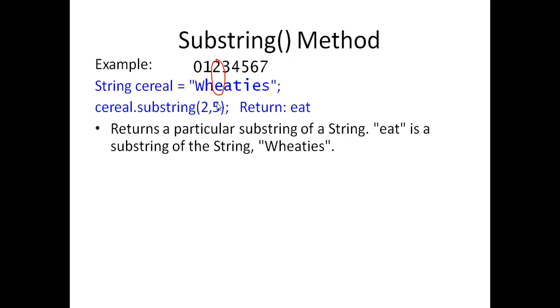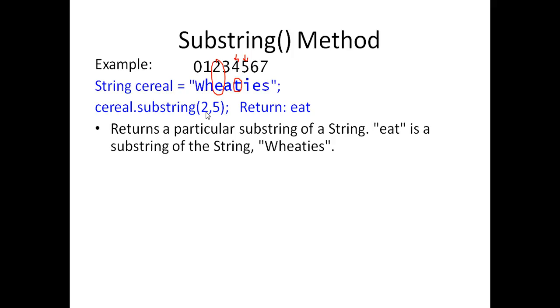It's kind of weird, but it's one more than the last position. So you subtract 1. So we're not looking for the 5 position. We're looking for one less. We're looking for the 4 position. In the 4 position is the T.